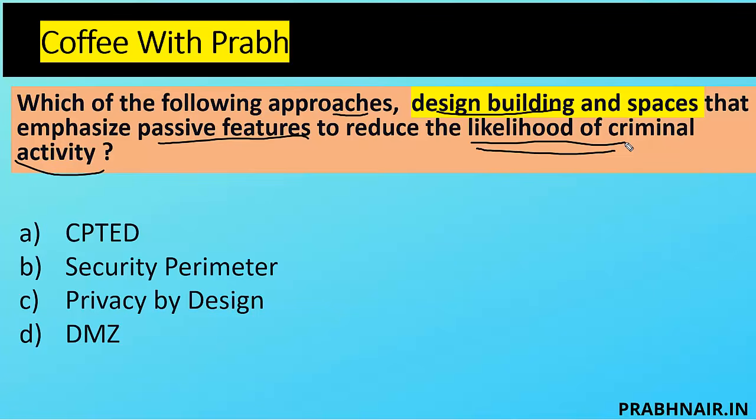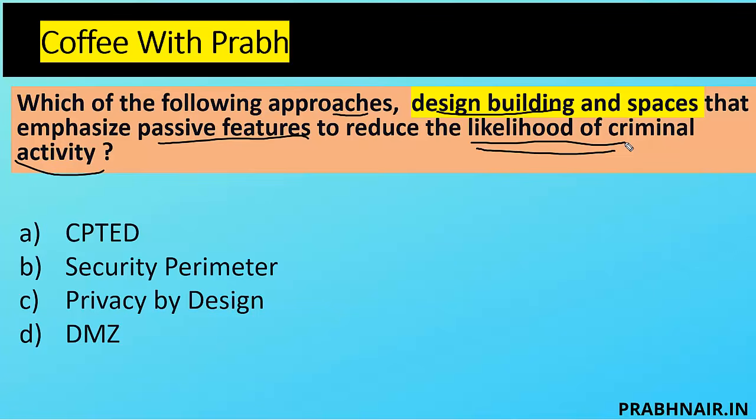So the option is CPTED. CPTED is called Crime Prevention Through Environmental Design. It means we build the facility in such a way to prevent crime. For example, we have multiple fences, barbed wires, placement of cameras, which deter the criminal. Second is security perimeter. Security perimeter is a very general term, and B is actually part of A. Okay, privacy design is all about the process by which we integrate privacy into the people, process, and technology.